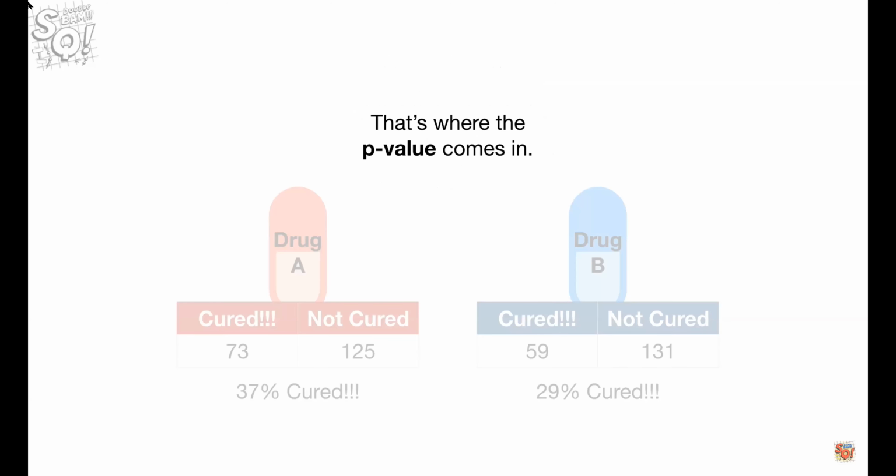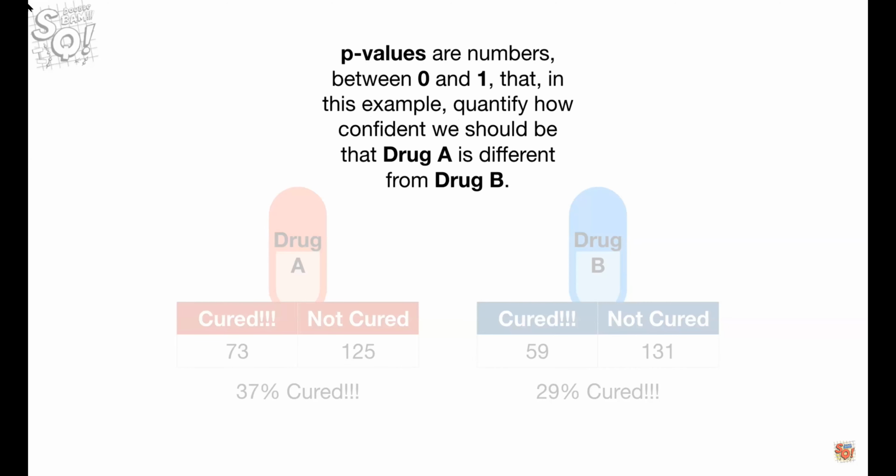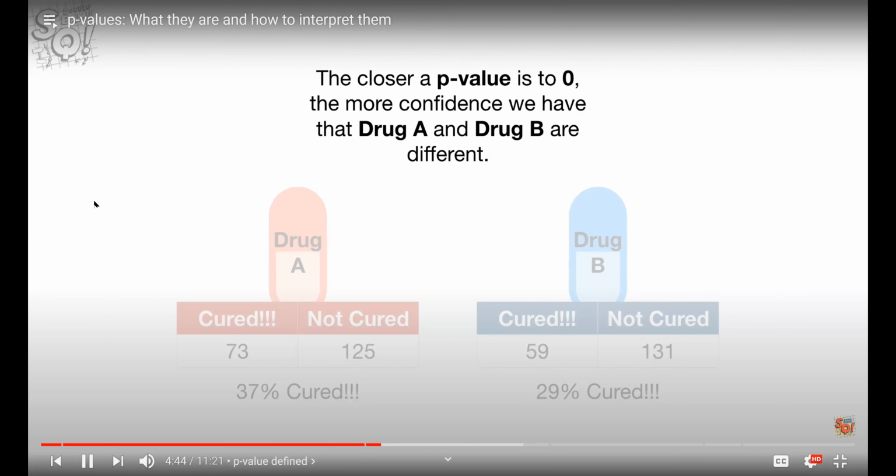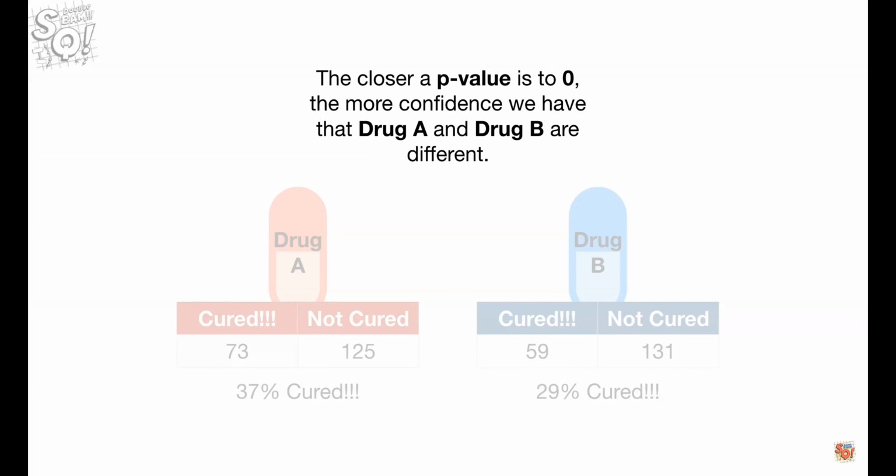That's where the p-value comes in. P-values are numbers between 0 and 1 that, in this example, quantify how confident we should be that drug A is different from drug B. The closer a p-value is to 0, the more confidence we have that drug A and drug B are different.